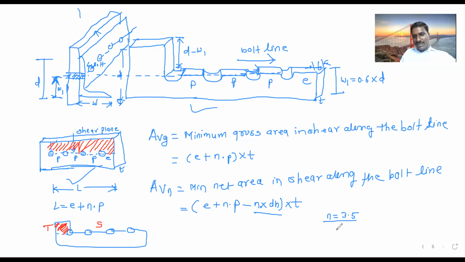So how much is n here now? 3.5. If 5 bolts are there, then n is equal to what? 4.5. If 2 bolts are there, n is equal to what? 1.5. If 3 bolts are there, n is equal to what? 2.5.